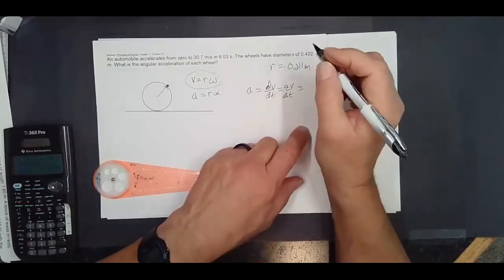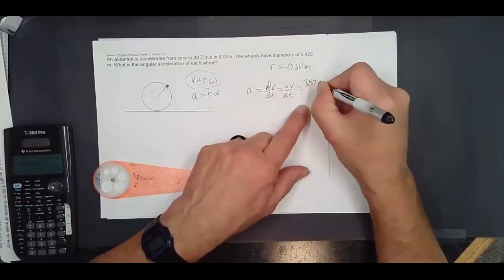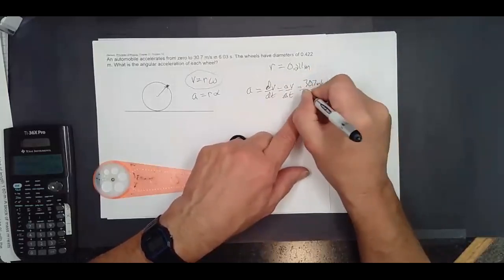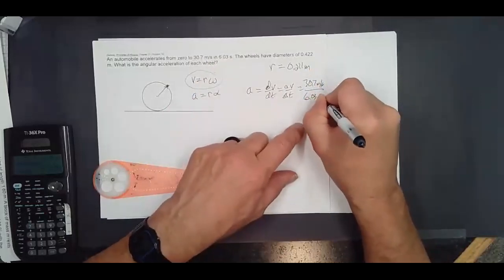And so 0 to 30.7 meters per second sounds like 30.7 meters per second is delta v. The time is 6.03 seconds.